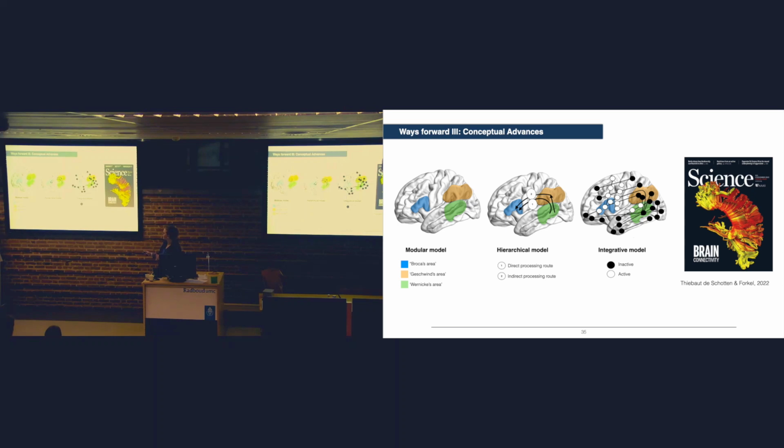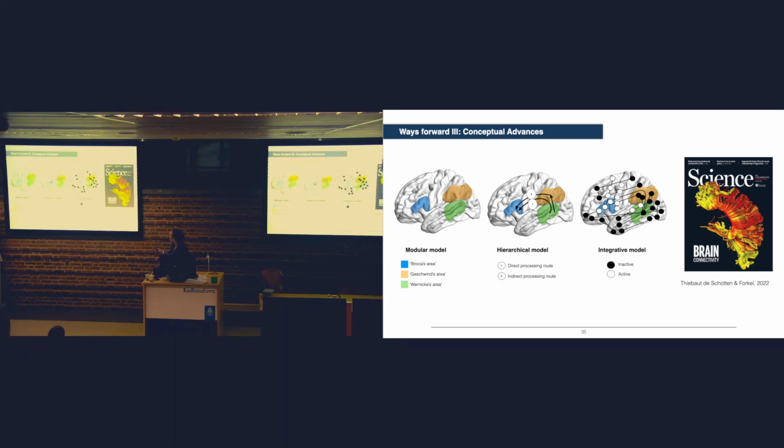Here you have the hierarchical model where repetition falls under, for example, where you begin with understanding and then you send it either via the long segment, that was the red one, or the indirect segment through the parietal lobe to your center for articulation. And we've seen shortcomings with that model as well.